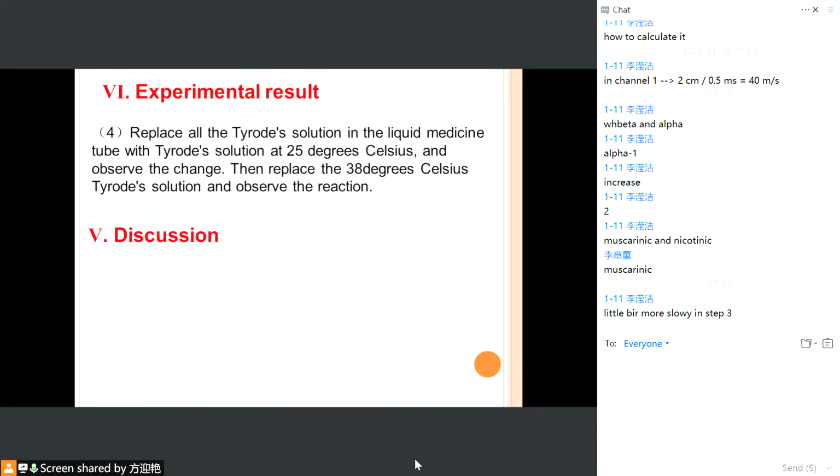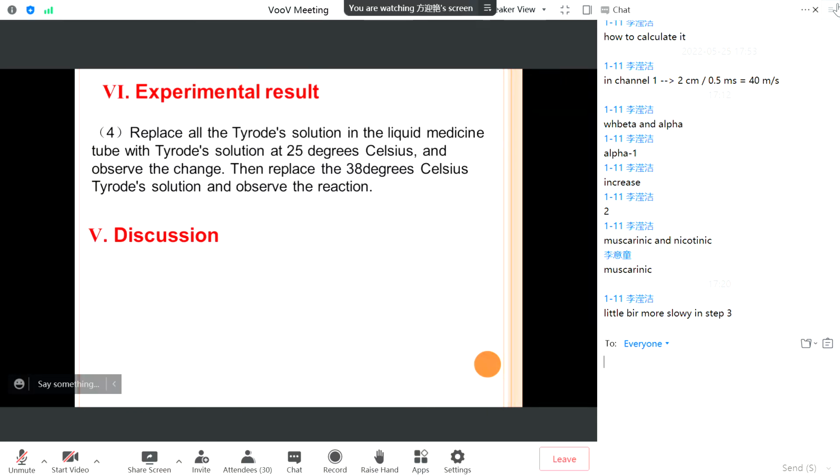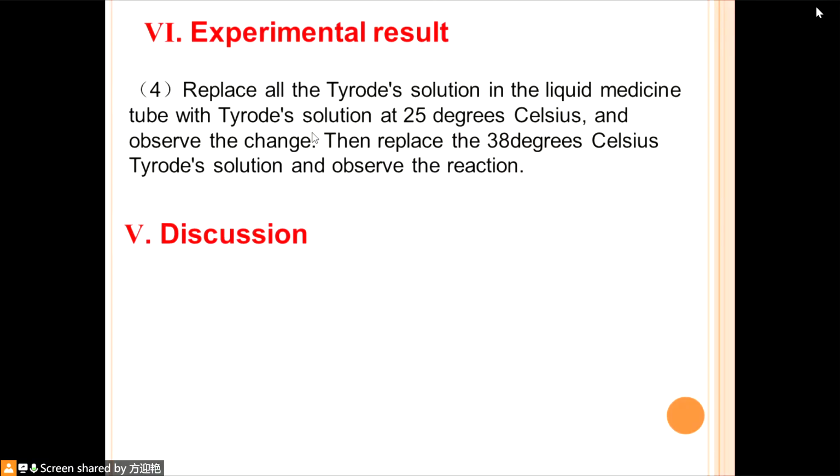In step 4, we replace the Tyrode's solution with Tyrode's solution at 25 degrees Celsius, which is lower than 37, and observe the change.